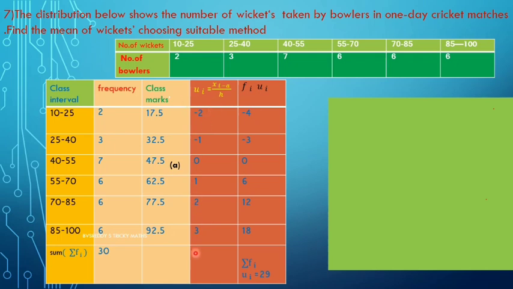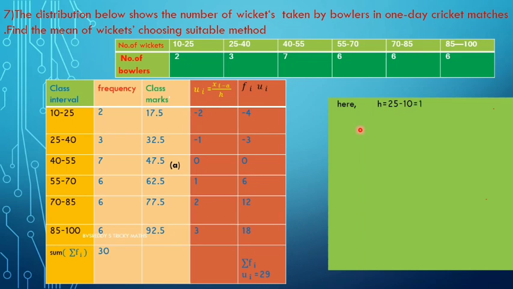Now it becomes the mean class, and in the fourth column put 0, above it negative values, below it positive values, and multiply fi ui. So ui is -2, fi is 2, 2 into -2 is -4; 3 into -1 is -3; 7 into 0 is 0; 6 into 1 is 6; 6 into 2 is 12; 6 into 3 is 18.